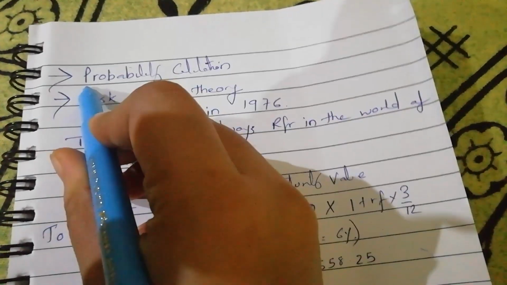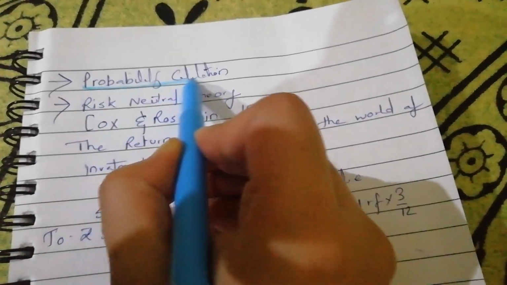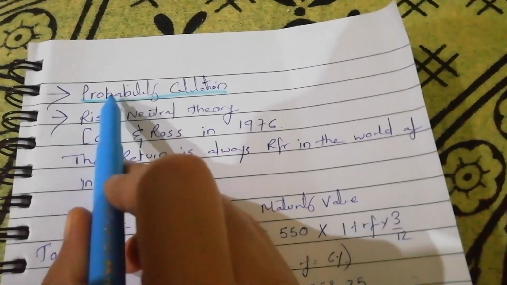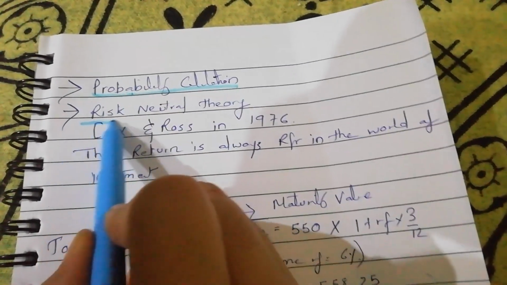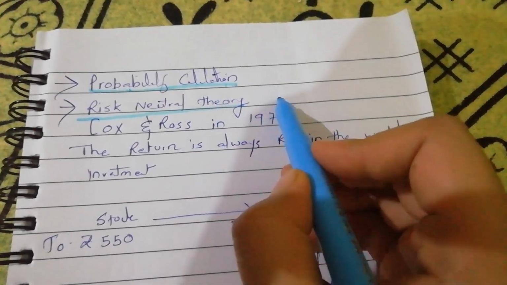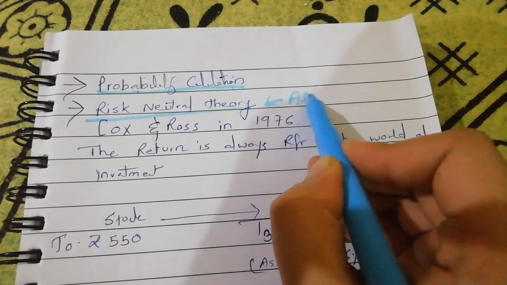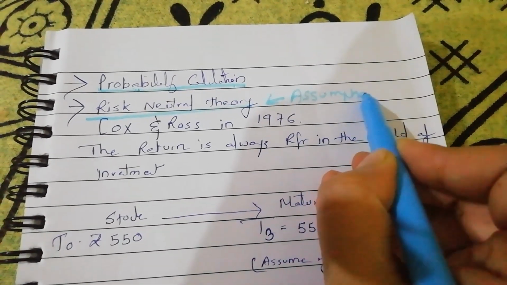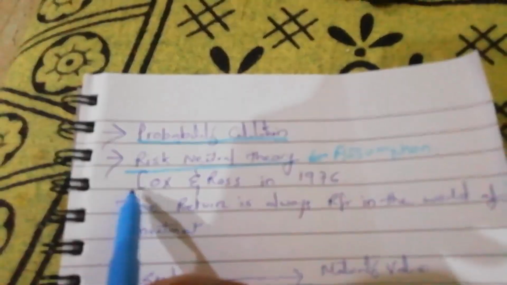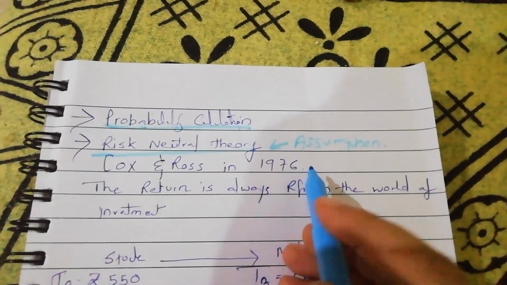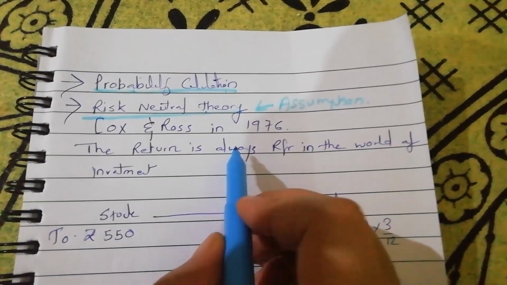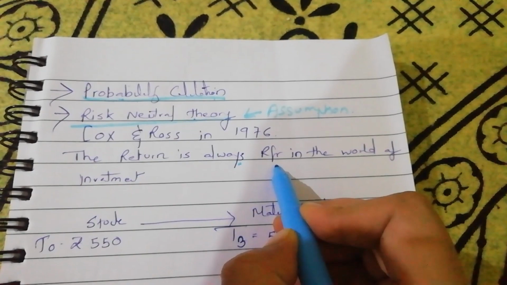Now the only thing left for us to see is how do we calculate this probability. To calculate this probability, we have to know the concept of risk neutral theory, because this probability calculation is based on the assumption of risk neutral theory. So let us know what this risk neutral theory is. It was formulated by Cox and Ross in 1976. In this, the return is always the RFR in the world of investment.